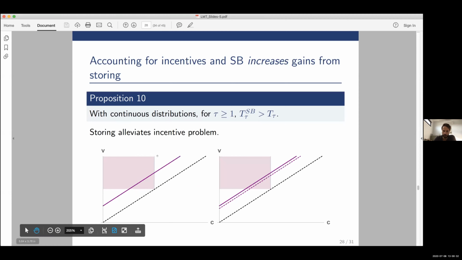And so you execute only trades that occur up here. And the right-hand graph has the same, but also this dashed line here. Now things are particularly symmetric, but the basic logic is completely general. Things are particularly symmetric for the uniform distribution.